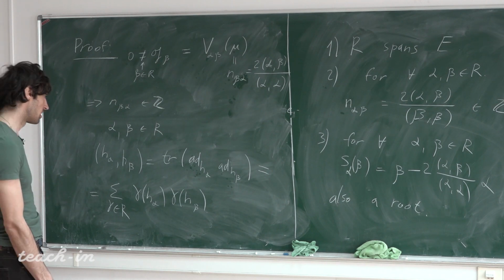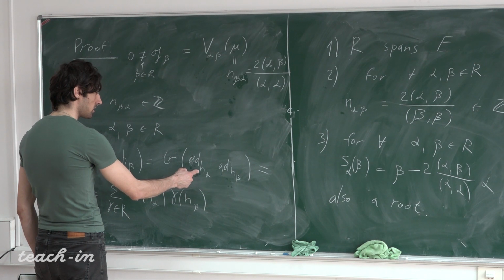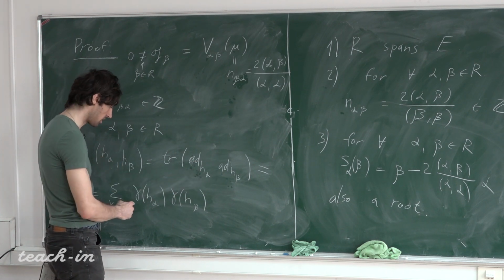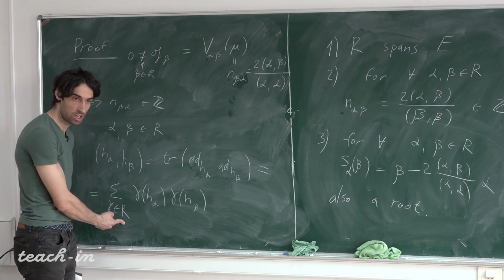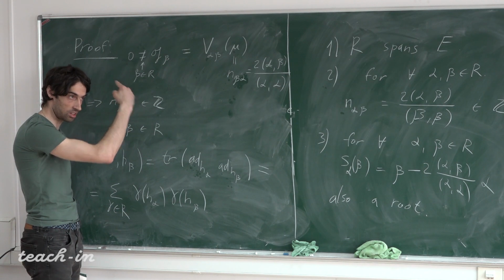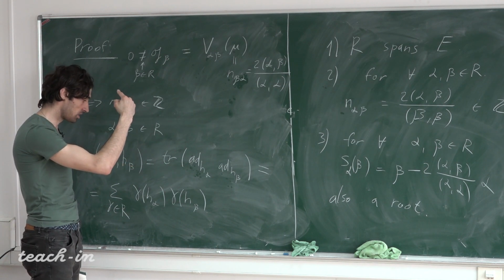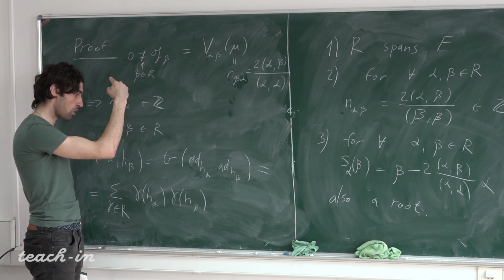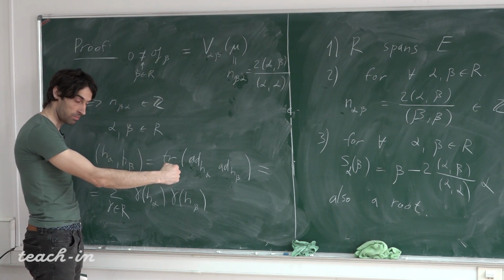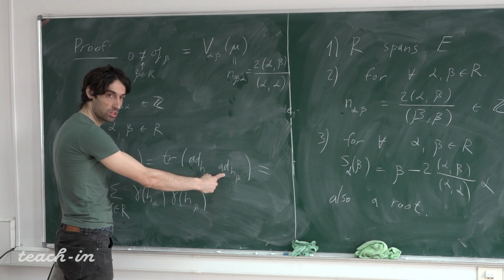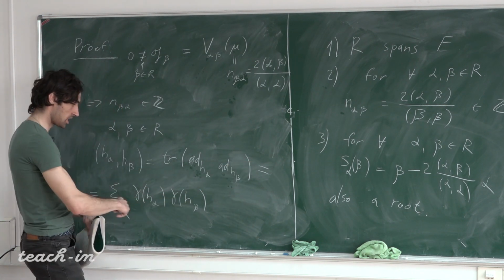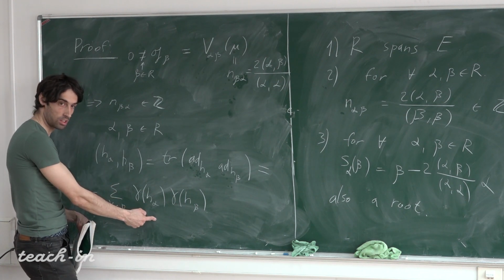What are eigenvalues of this thing? These are exactly gamma of H alpha as gamma runs over roots. So this is a diagonal matrix in the corresponding basis with entries, one root of H alpha, another root of H alpha, and so on. This is also a diagonal matrix of the same form. I multiply them and sum over this diagonal. So that's what I get.